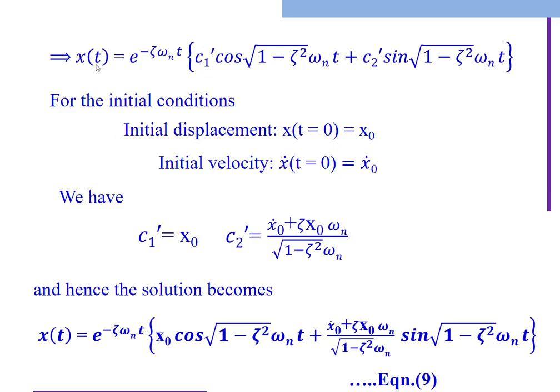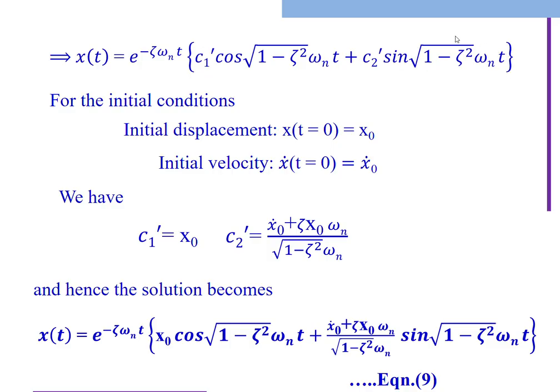Okay, from that equation we can write x of t is equal to e to the power of minus zeta omega n t into c1 dash cos under root of 1 minus zeta square into omega n t plus c2 dash sin of under root of 1 minus zeta square into omega n into t.